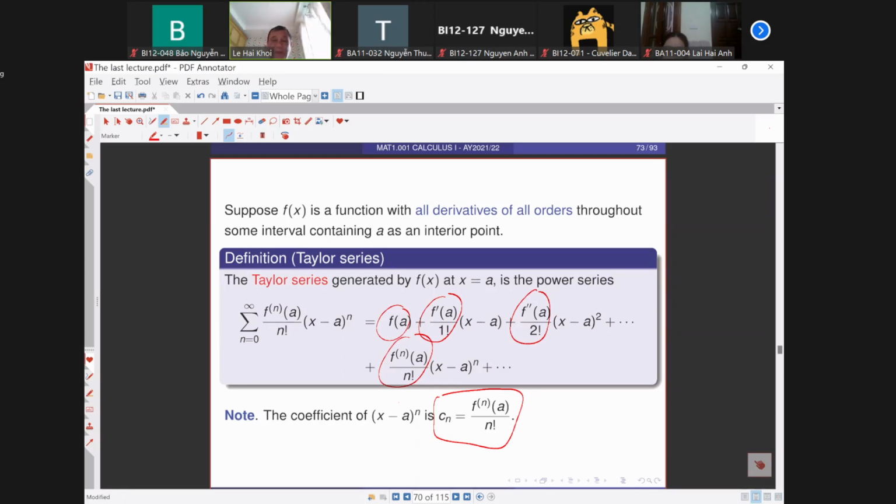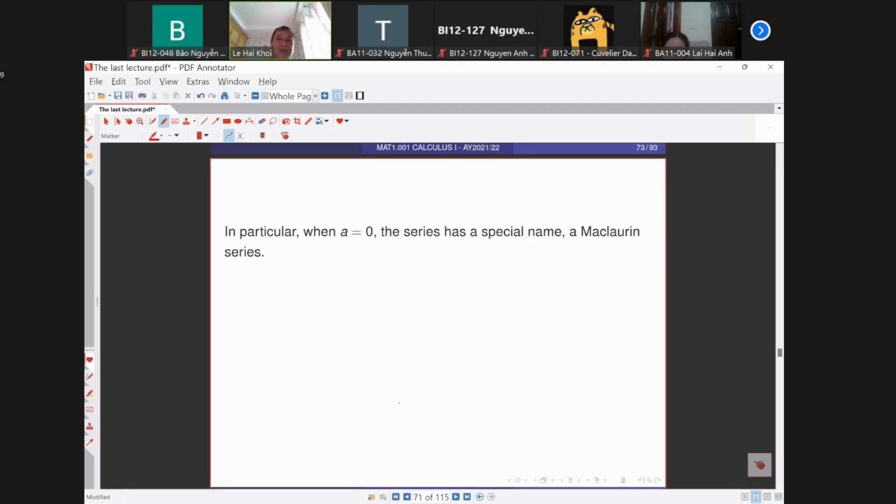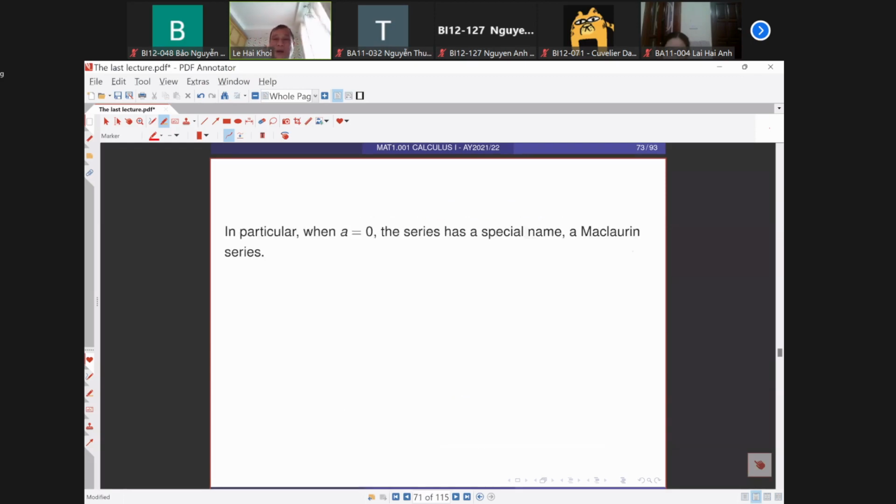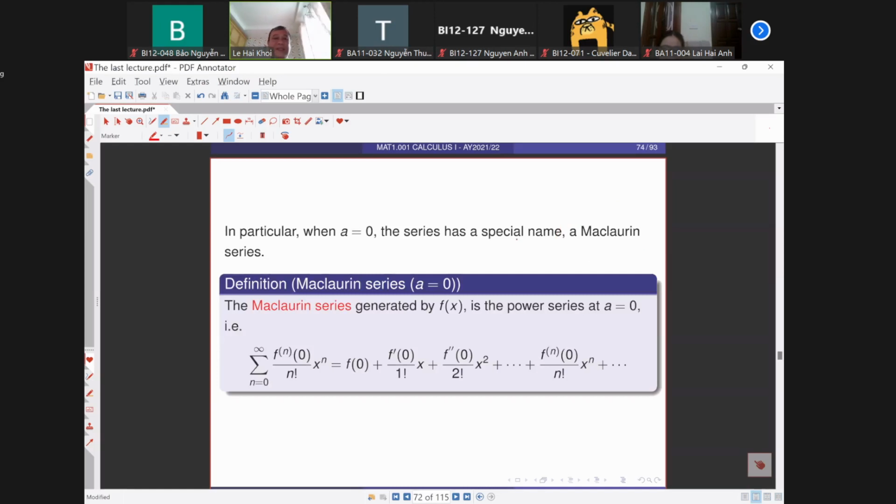And to what sum, we don't know. So, in particular, if a equals 0, this Taylor series of f is called a Maclaurin series. That is, a Maclaurin series is a power series generated by f with a equal to 0.